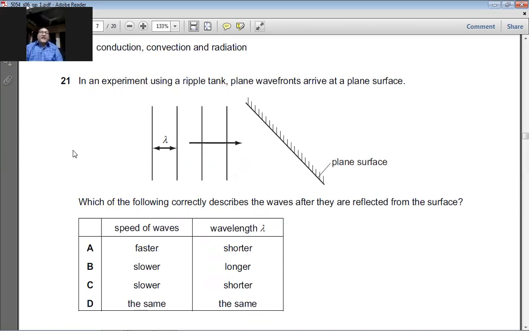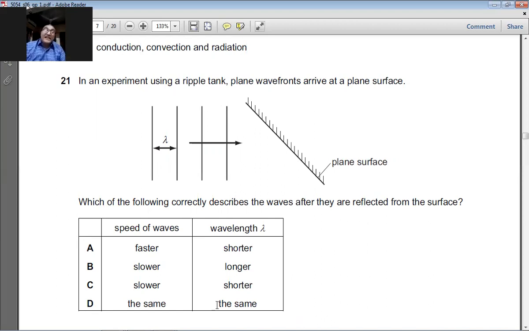The speed of the waves will not change. It will remain the same. And the wavelength will also not change. It will remain because it's reflection. So when the water waves are reflected, their speed does not change, their wavefronts do not change, their wavelengths do not change.